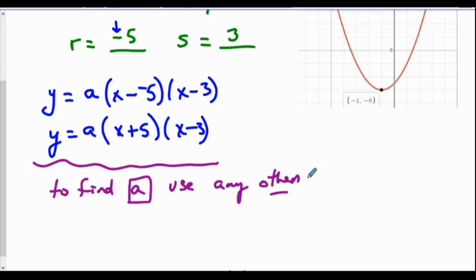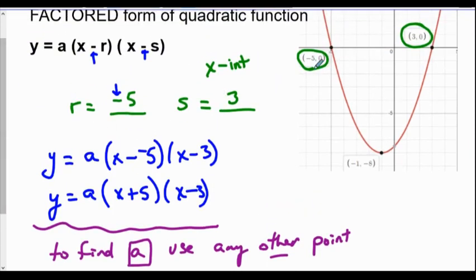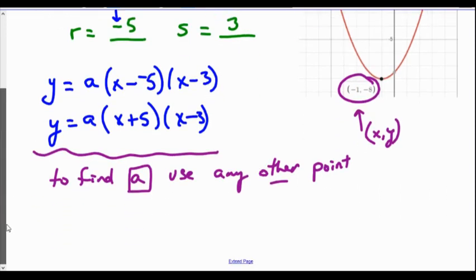It doesn't really matter which point I use. I'm looking at my graph, and I want to find any points that I know are exact. And these are not easy. That one's close. But oh, look at this one. It was given to us. We can use that point. And just remember that that is x and y. So x equals -1, y equals -8.